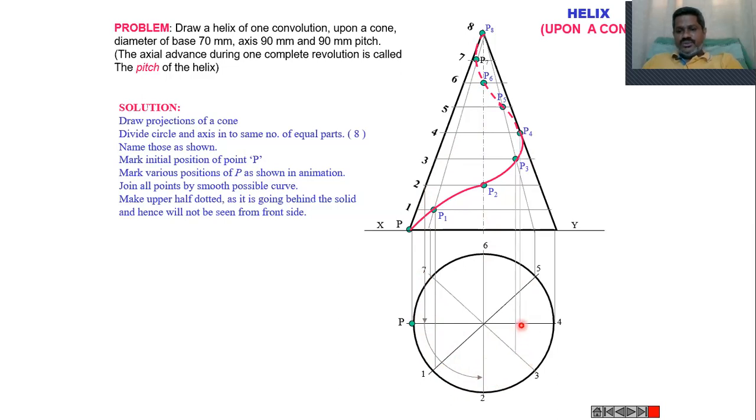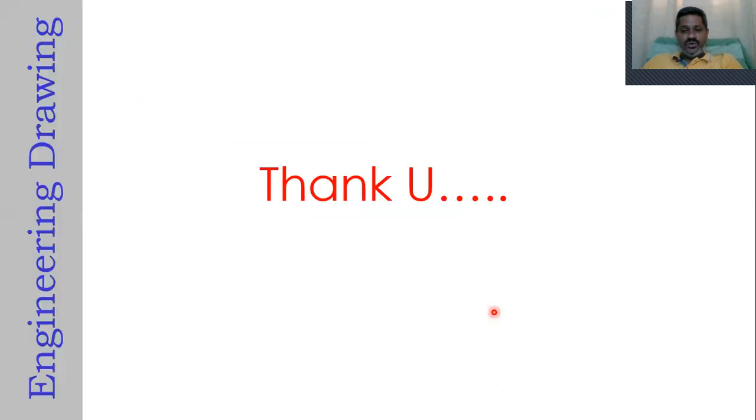Then the fourth point will be exactly on this location. Then fifth, sixth, and the sixth comes exactly up to the horizontal line, and with that radius locate here. Then seventh, eighth. Locate all those points and join them as a smooth curve to get a helix on a cone like this.